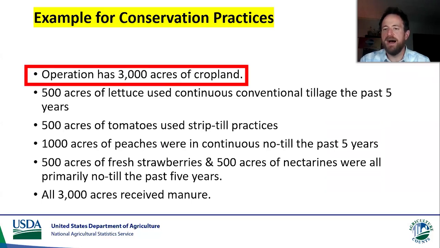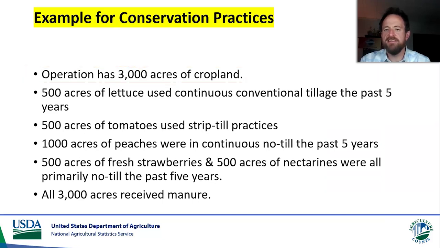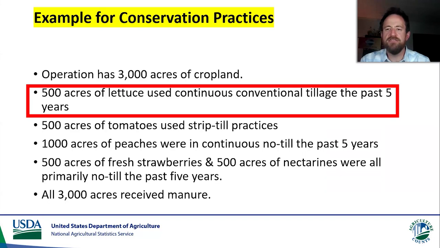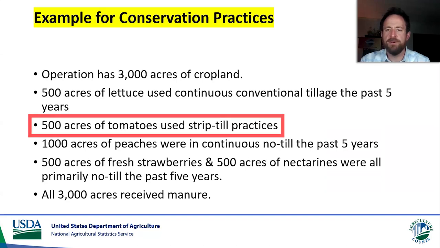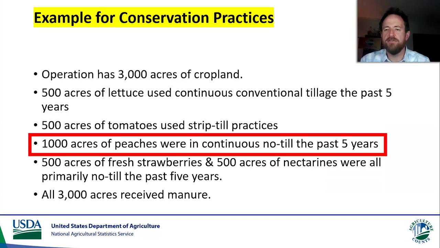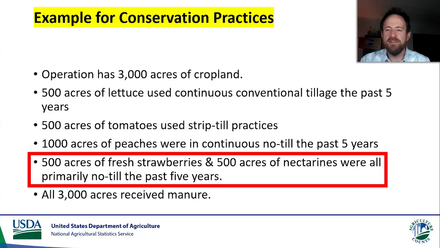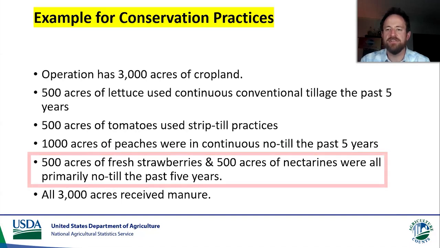Kurtz and Ann run an operation that comprises 3,000 acres of cropland. Tillage practices and nutrient management vary depending on the crop that they grew on the 3,000 acres. 500 acres of lettuce used continuous conventional tillage the past 5 years. 500 acres of tomatoes used strip till practices. 1,000 acres of peaches were in continuous no-till the past 5 years. 500 acres of fresh strawberries and 500 acres of nectarines were all primarily no-till the past 5 years.